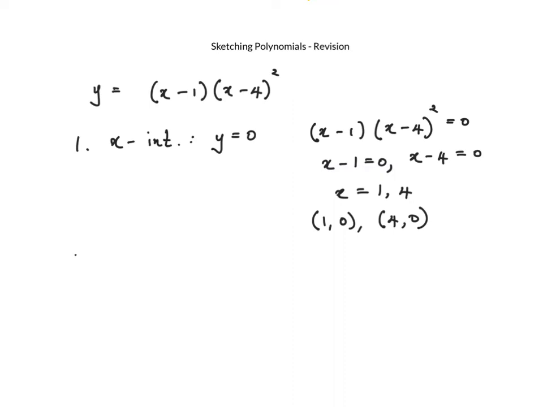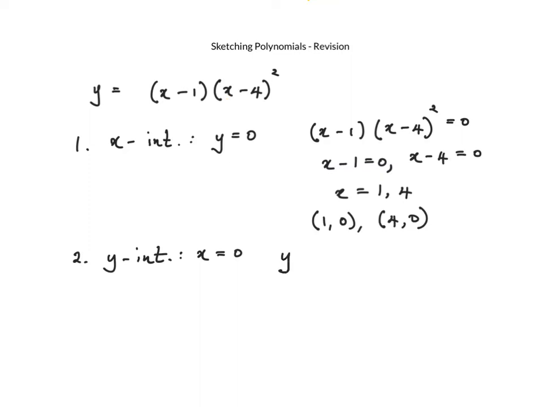Next thing to do is to work out the y-intercept. The y-intercept always occurs when x equals 0. Now what we don't have to do is expand at the moment. We will have to expand for the next step. So I can replace x with 0 here and x with 0 here.